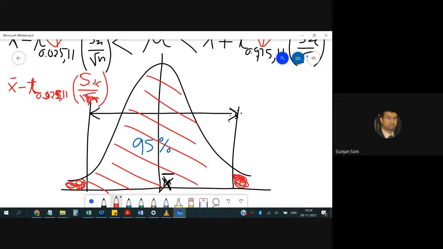This limit will be calculated this way, and the upper limit will be calculated in a similar way: x bar plus t value.